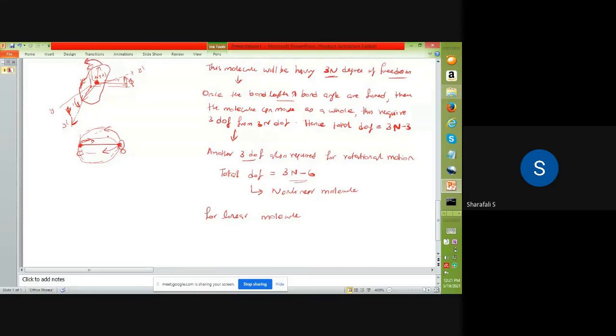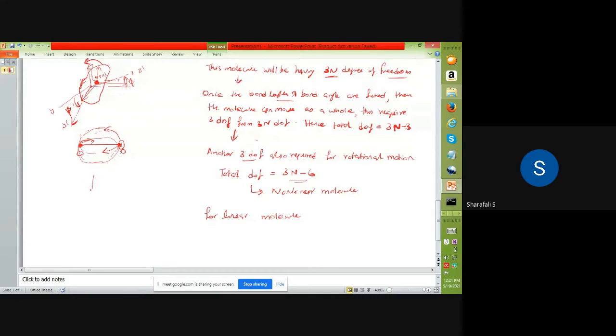For a linear molecule, there will not be 3 degrees of freedom associated with rotation. There will be only 2 kinds of rotation possible, so only 2 degrees of freedom for rotation in the case of a linear molecule.